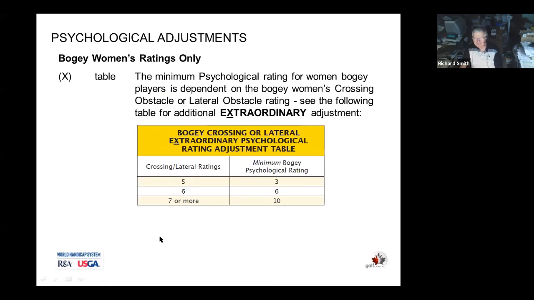You don't get that many 10s, so it doesn't happen that often. And then for the bogey women only, for their crossing or lateral ratings for 5, 6, or 7, their minimum psych rating would be 3, 6, or 10, respectively.